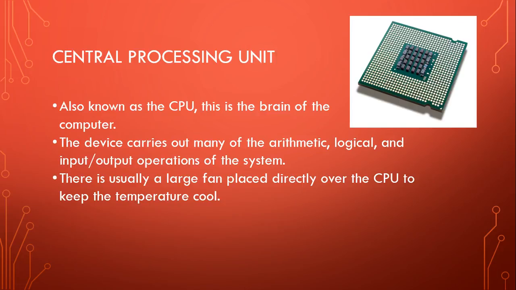For those of you that took computers in logic, when we talked about logic operations using AND gates, OR gates, NOR gates, all that other stuff, this is what does that. The CPU is the main processor that handles all the different kinds of operations. Because there's a lot of activity that goes on with the CPU, there's typically a large fan placed directly over the CPU in order to help keep the temperature cool, because it generates a lot of heat from all the electricity constantly passing through those circuits.